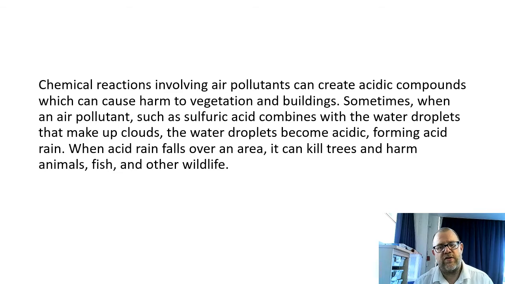Okay, it reacts with chemicals within the soil to create poison. Also, it makes the soil more acidic. It can harm animals, fish, because the lakes become acidic. It means that the fish then can't use their gills efficiently to remove the oxygen from the water. It can affect other wildlife as well.